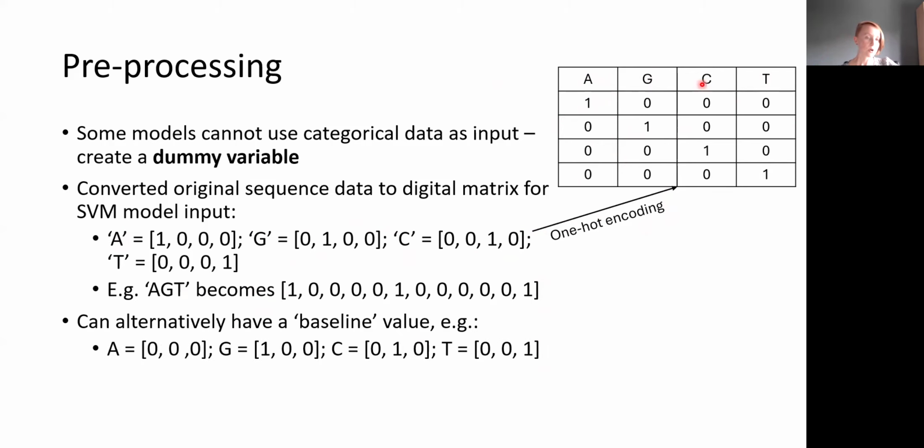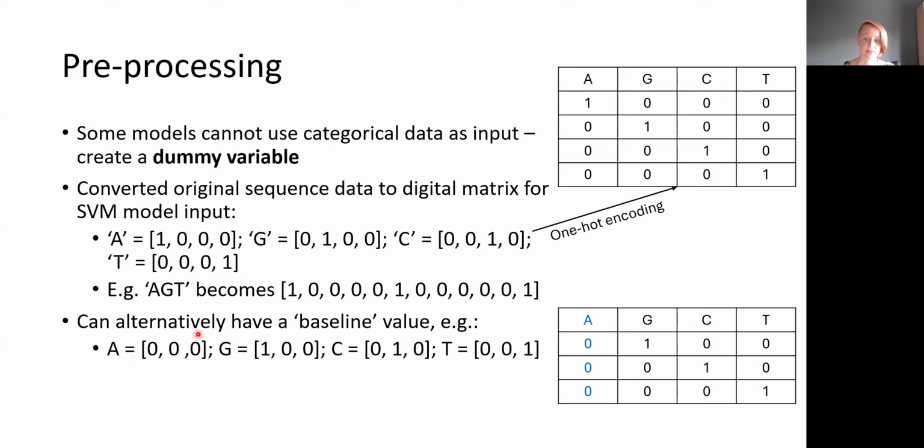Another way that you often see this done, which was not done in the paper, is to have some kind of baseline value. So one of your categories, or in this case, one of our bases would just be all zeros. So in this case, you would only have 3 rows or columns rather than 4, and A would always be 0, G is 1, 0, 0, etc. So they're just slightly different ways of doing the same thing, just to be aware of.